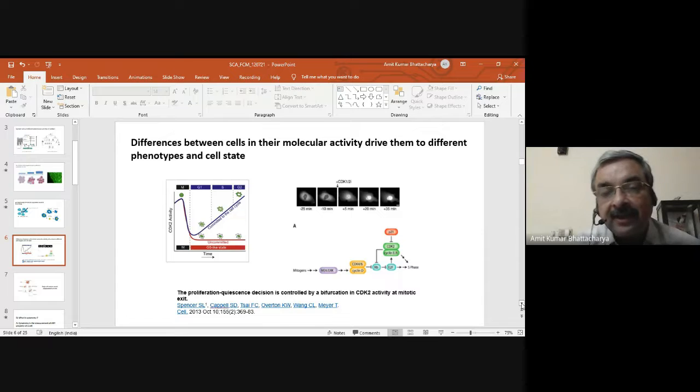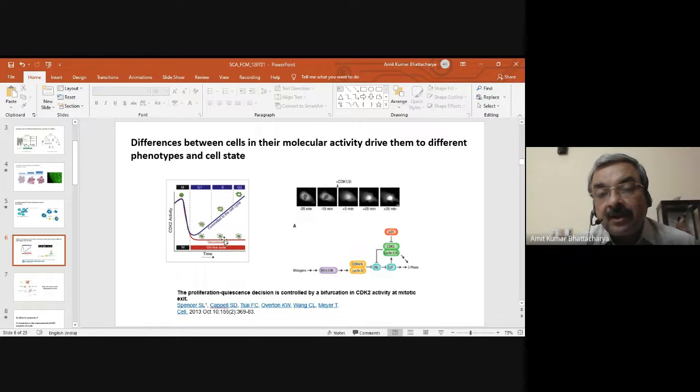After mitosis, they enter G1, then they come to S and G2, and they go through the cell cycle. But a small population of cells don't enter the cell cycle. They go into the quiescent stage.